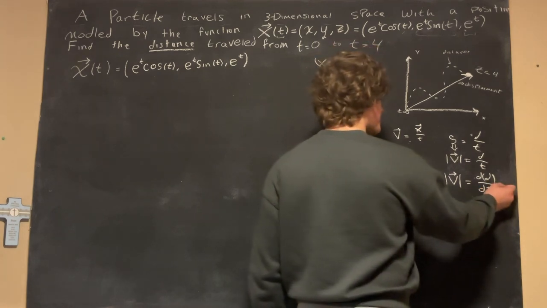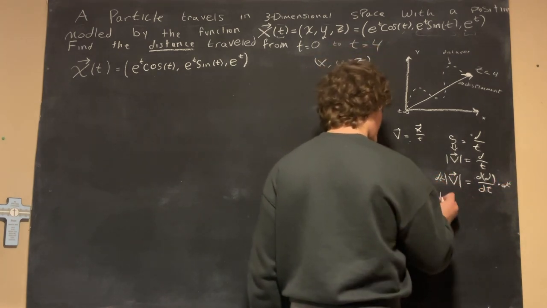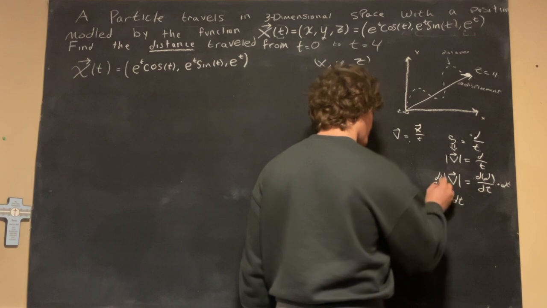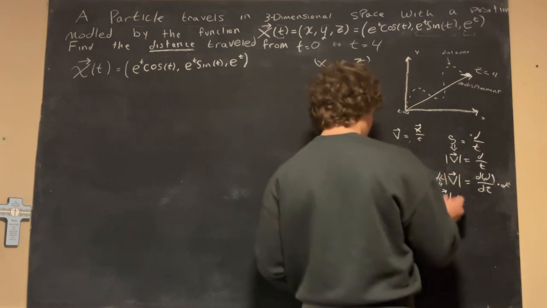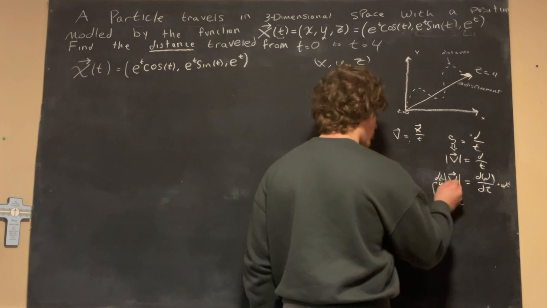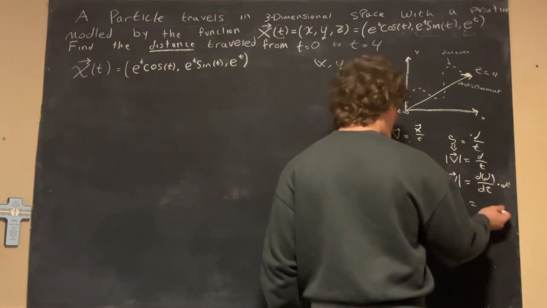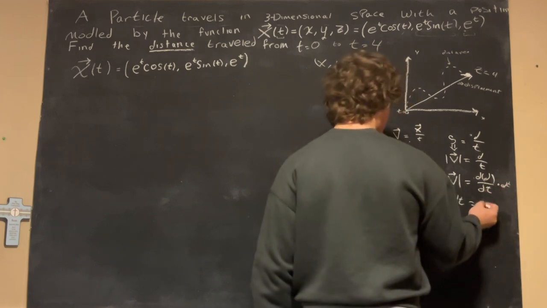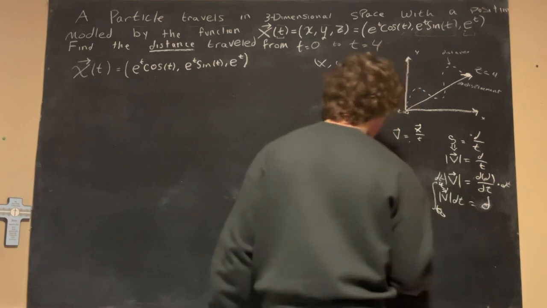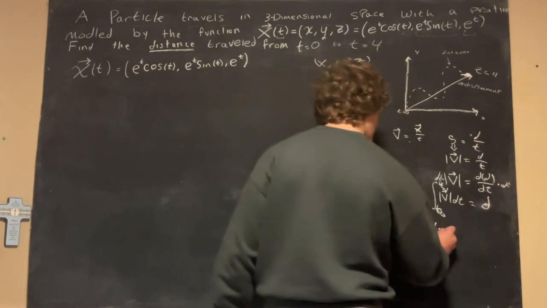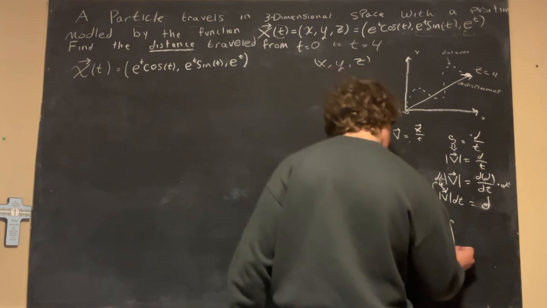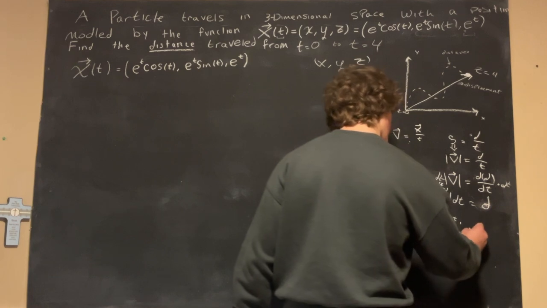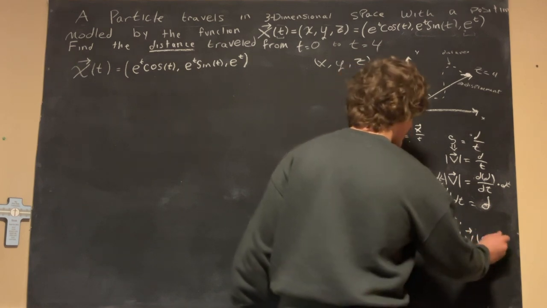So if we multiply both sides by dt, we get the magnitude of v dt, and let's integrate that from t equals 0 to t equals 4 in this case, or I guess we could just say t naught to t1 is equal to our change, or I guess since it's a scalar, this is just equal to our distance traveled. So our formula for distance, or our arc length, is d is equal to the integral from t naught to t1 of the absolute value of our particle's velocity with respect to time.